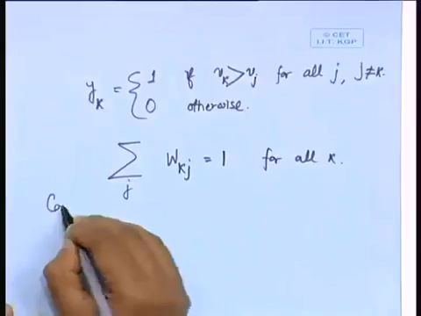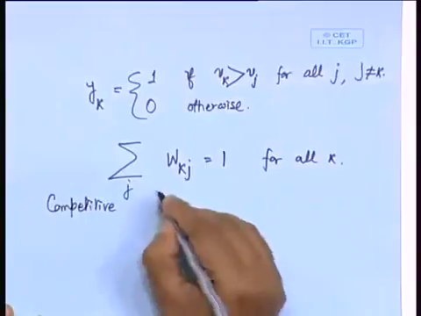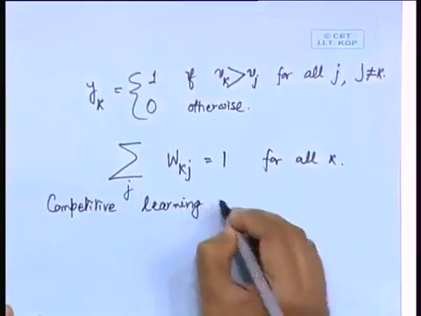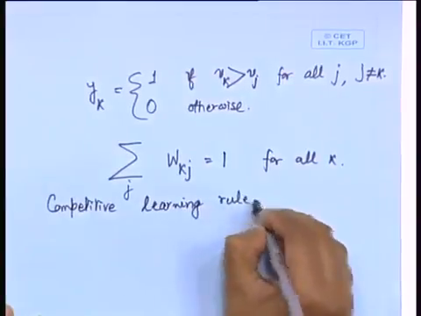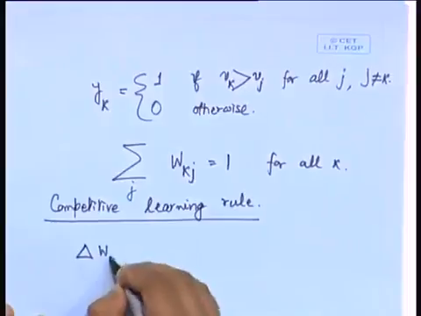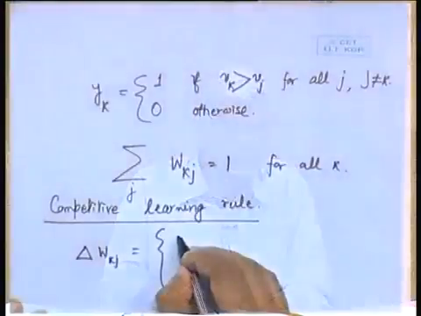And now, we are going to define the competitive learning rule. Every learning mechanism has a learning rule, which we have understood by now. The competitive learning rule states that delta Wkj, which means how much change of weight you are going to make, is pretty simple.